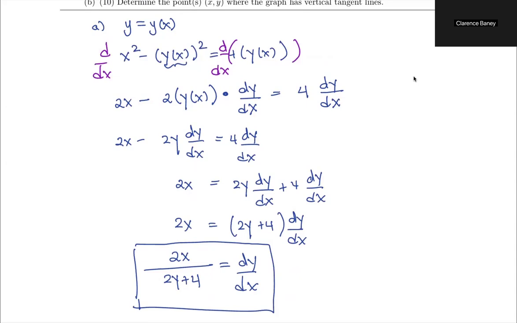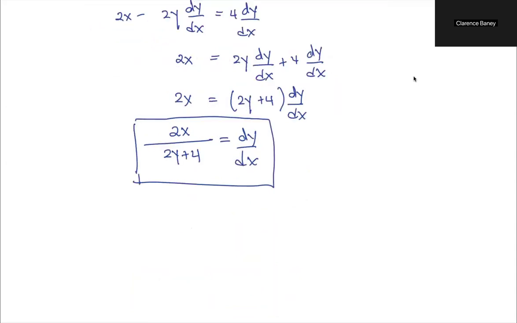For part B, I was pretty generous with, because we didn't do a whole lot with this, but a vertical line has undefined slope.